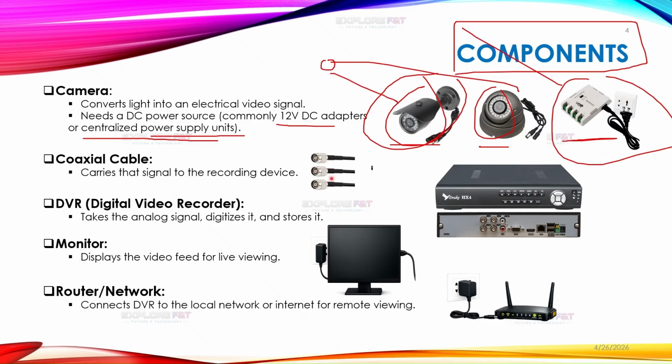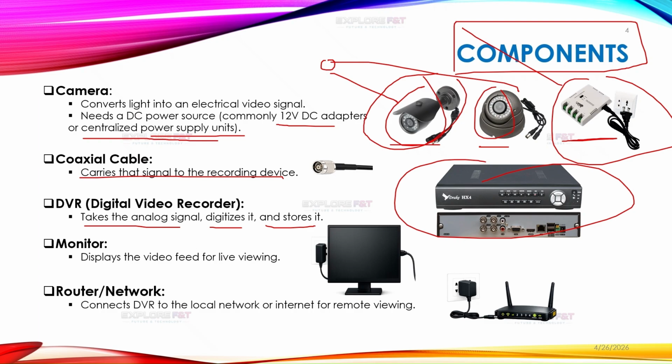The coaxial cable carries the signal to the recording device, and a DVR is required. The DVR takes the analog signal, digitalizes it, and stores it. You also require one monitor, because that is where you will view all the videos the cameras are capturing.